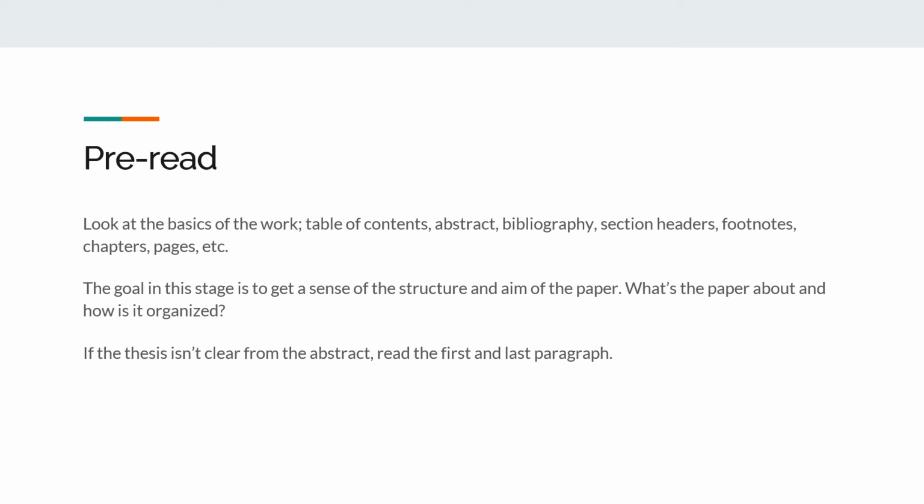And so just by reading the abstract, just by looking at how a paper is organized, we might not get a clear understanding of the abstract, or a clear understanding of the thesis statement, and that's fine. If that's the case, then we're just going to read the first and last paragraph of the essay. Usually a good piece of writing, and this is something that I'm going to stress in this class, right?